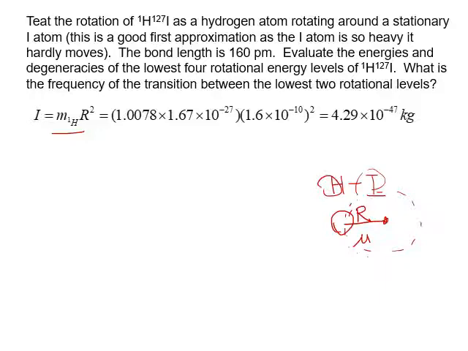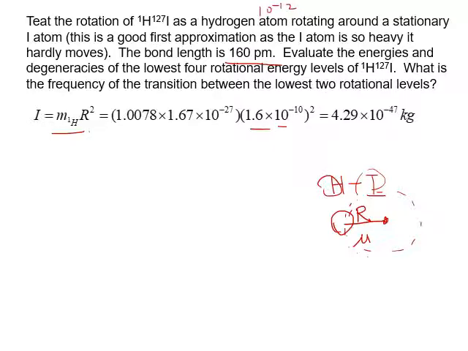Now in this equation, the bond length is 160 pm. pm means 10 to the minus 12. So 160 times 10 to the minus 12 is 1.6 times 10 to the negative 10 meters, squared.